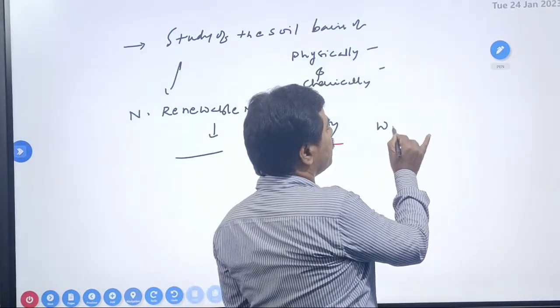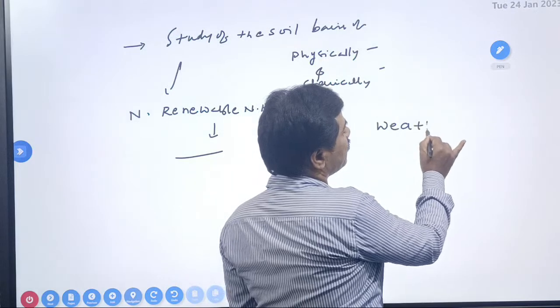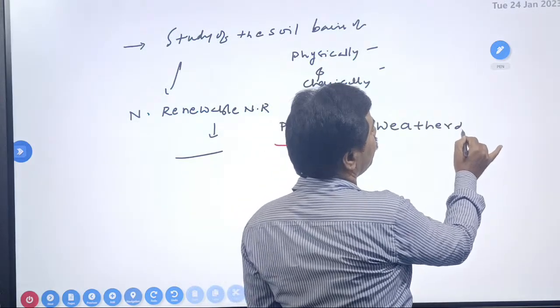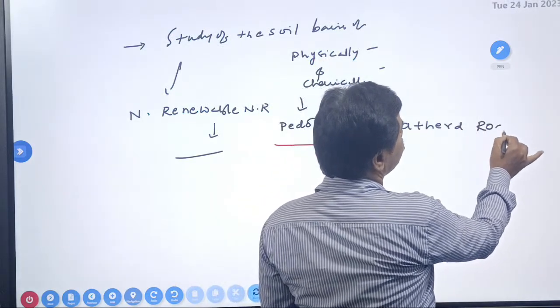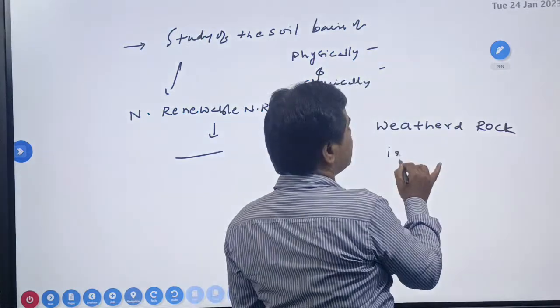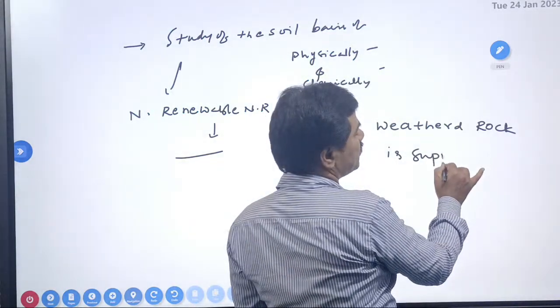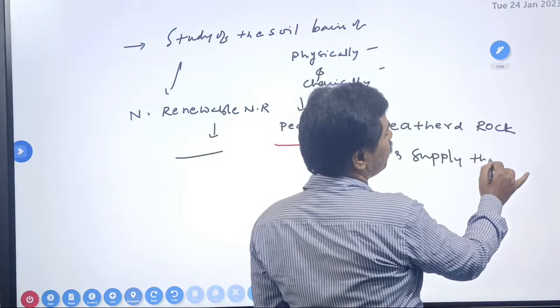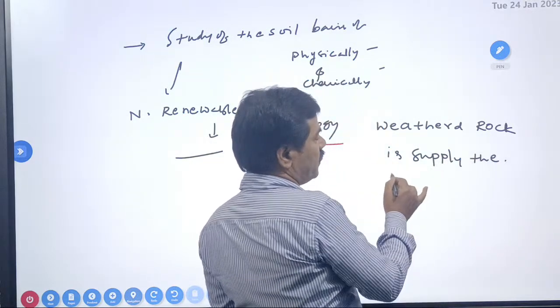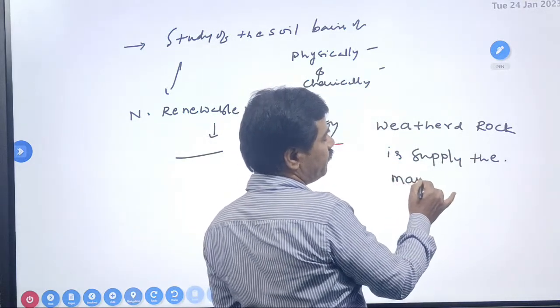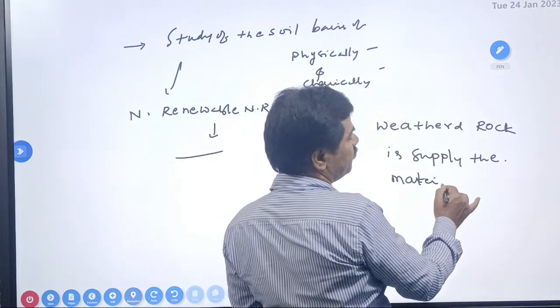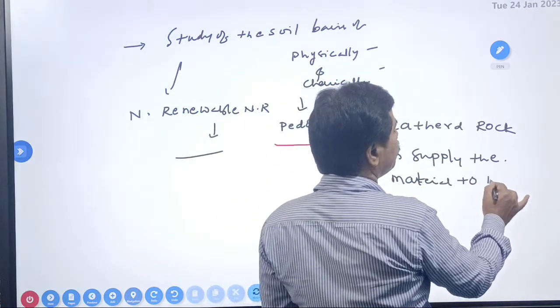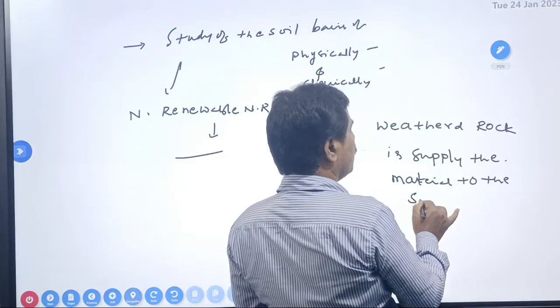Weathered rock supplies the material to the soils.